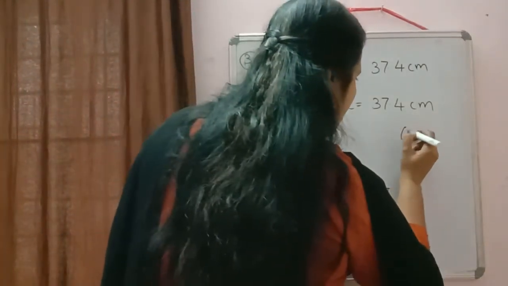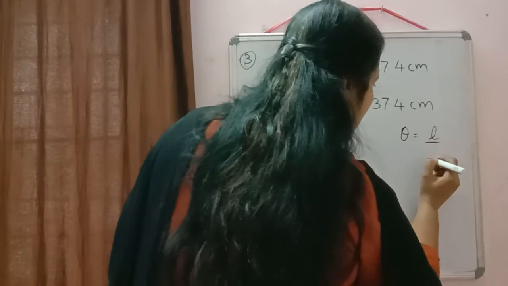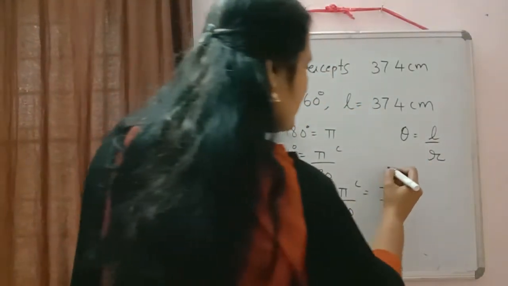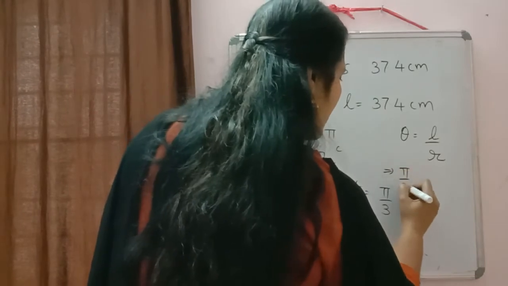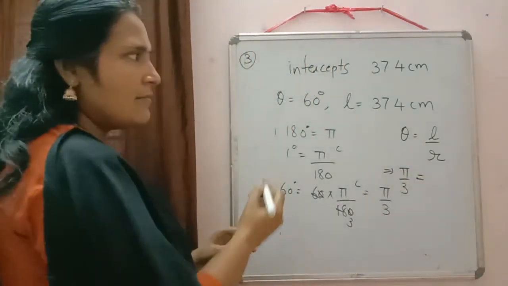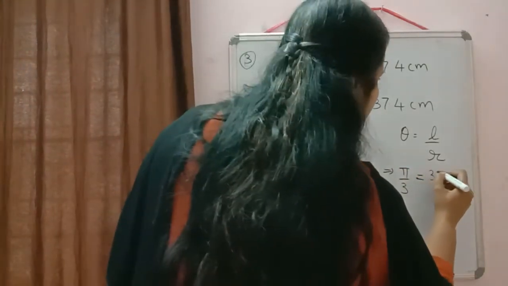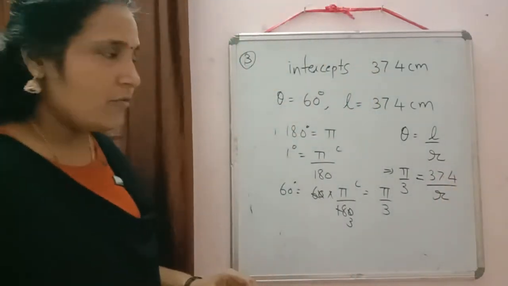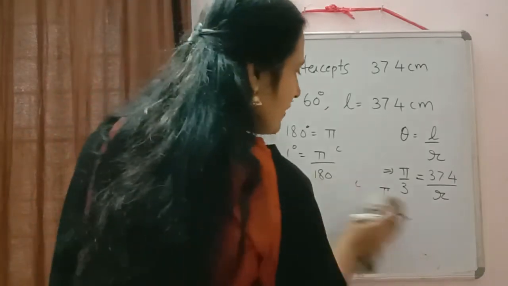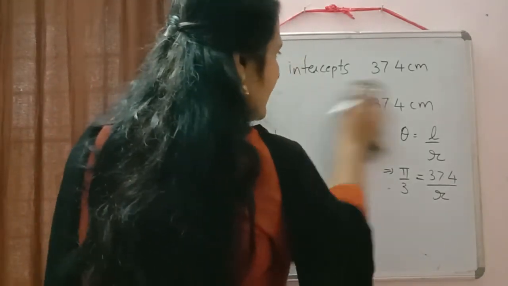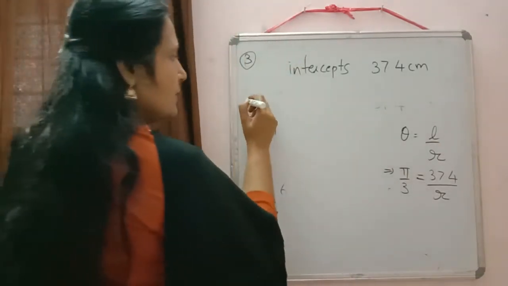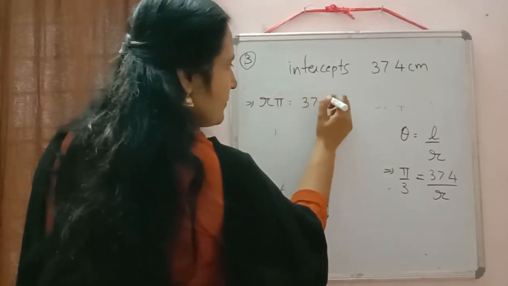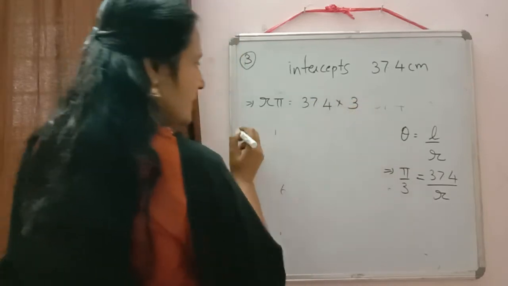Now the relation we have, theta is equal to L by R. Now we will substitute the values. In place of theta we have pi by 3, and the length of the arc is 37.4 centimeter, by R. Now we will do cross multiplication. Then we get R pi is equal to 37.4 into 3.